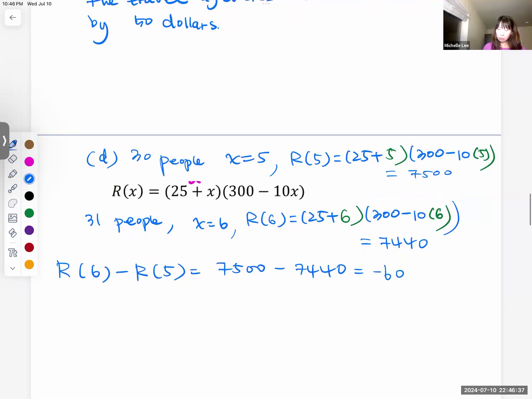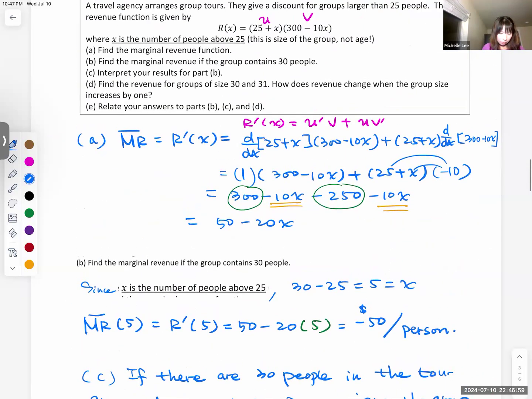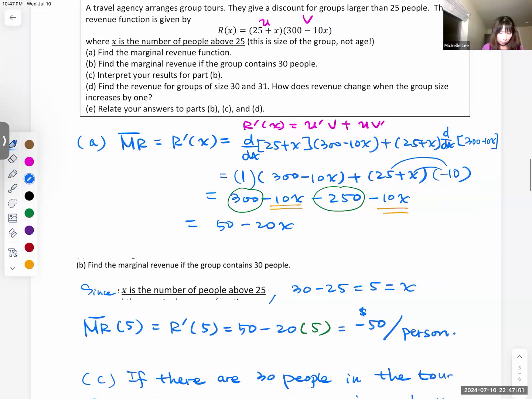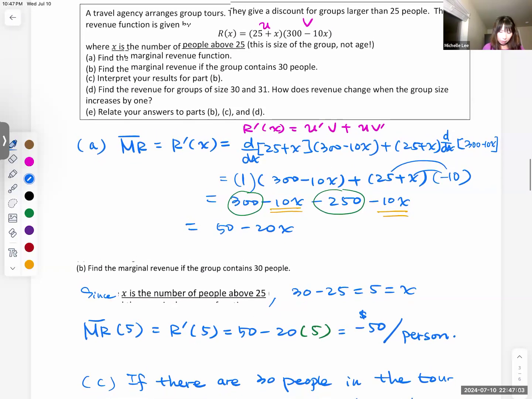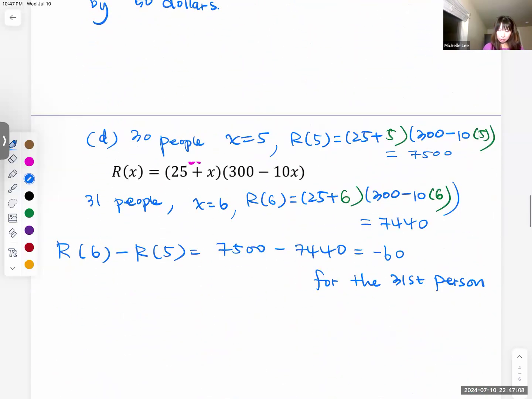So they're losing money, a decrease for the 31st person, right? Are we done? Yeah, B, C, D. So we answer.